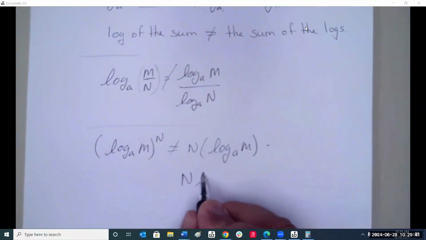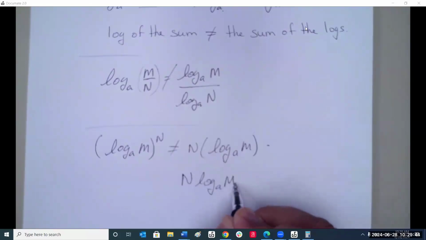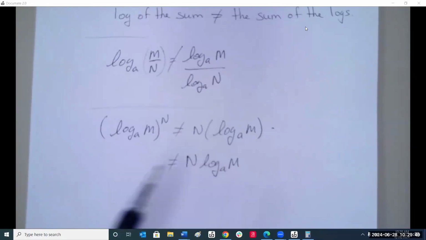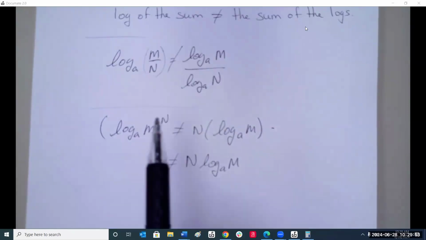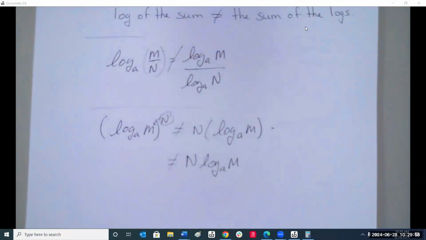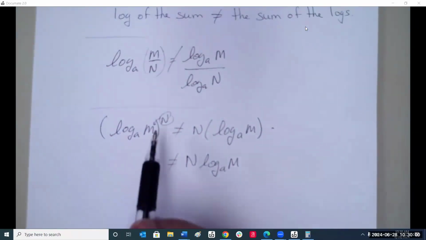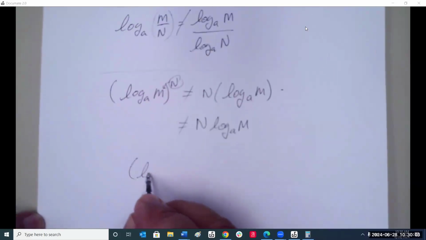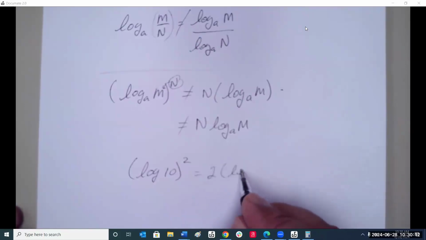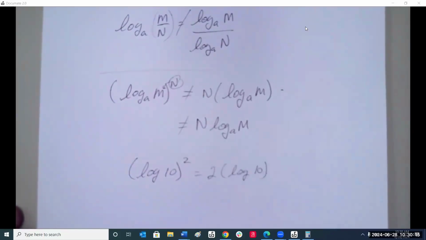What's wrong here? Yes, the exponent is supposed to belong to that operation, not to the whole thing. If I had log of 10 squared, that doesn't mean 2 times log of 10.